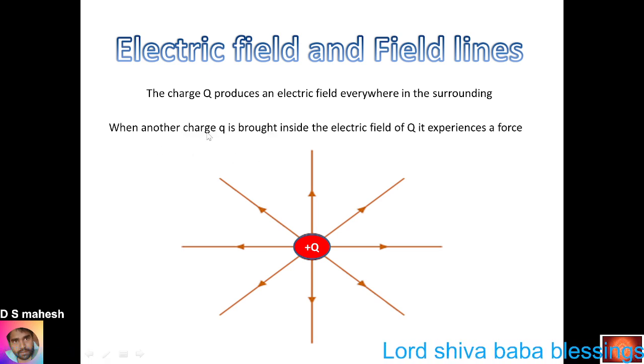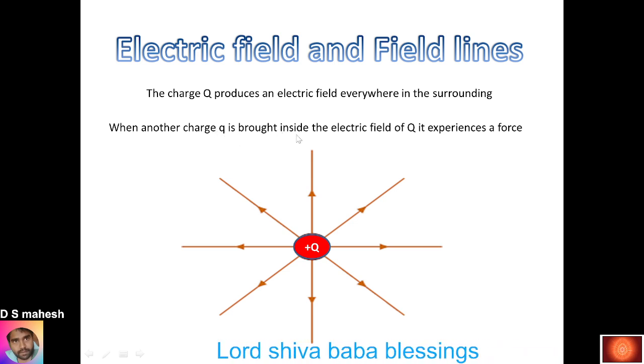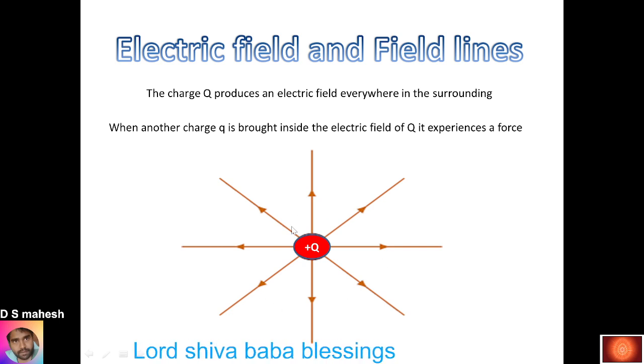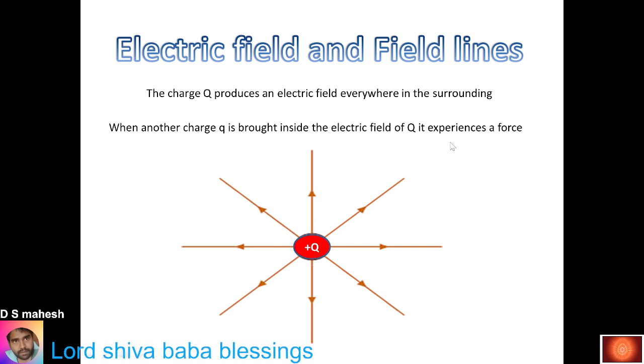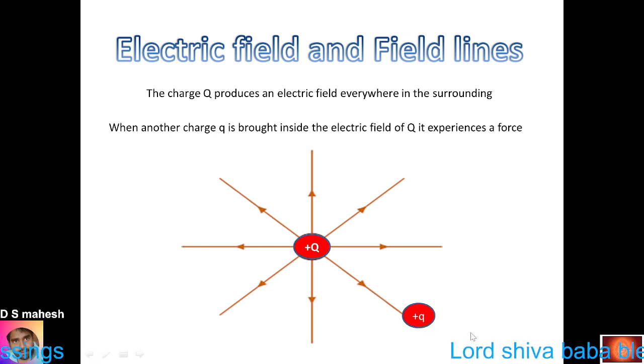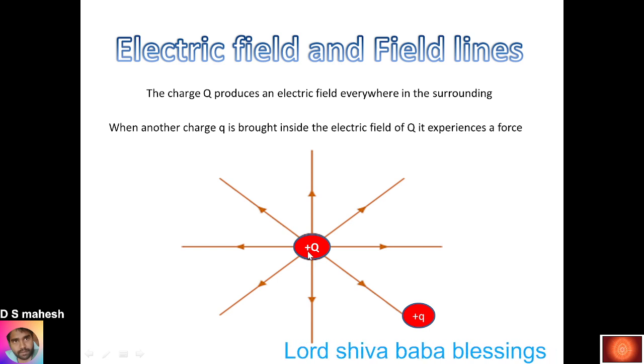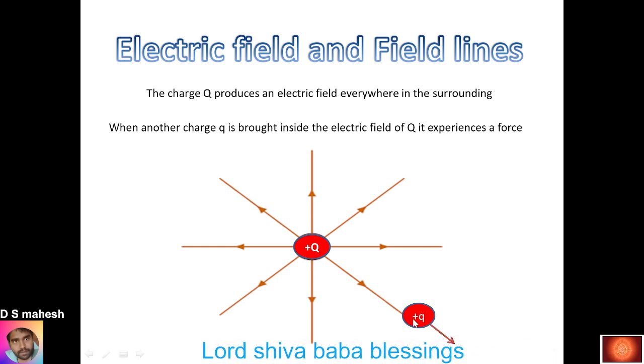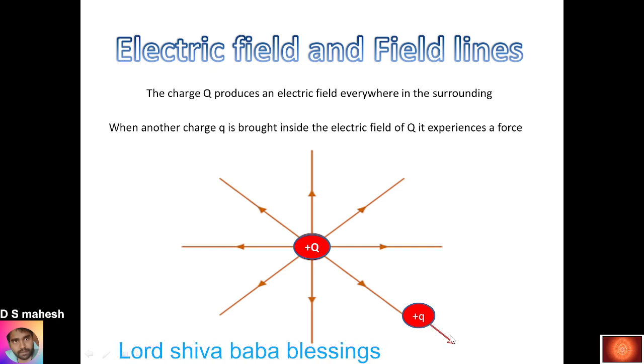So when another charge, small q, is brought inside the electric field of this capital Q, it experiences some force. So let us consider another charge plus q, which is small q, brought inside the electric field generated by this capital Q charge. So this charge experiences some force.